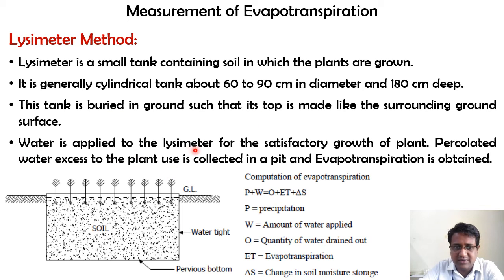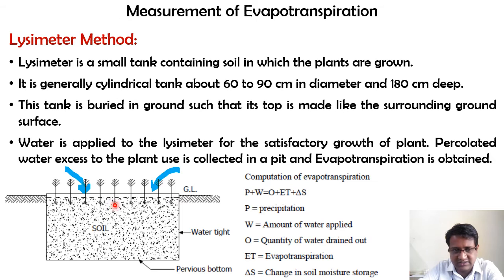Water is applied to the lysimeter for satisfactory growth of the plant. Percolated water in excess of plant use is collected in a pit, and evapotranspiration is obtained. What I mean by this is, whatever water you add from the top for the growth of plants, initially the soil will get saturated.